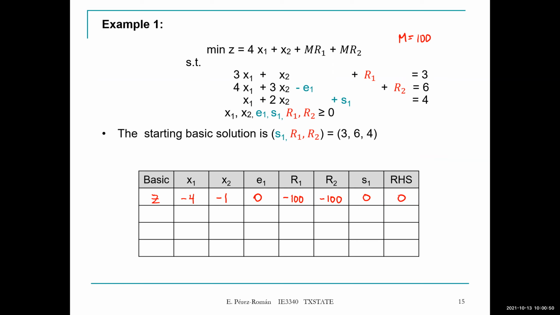And now our basic variables are going to be R1, R2, and S1. So for the first constraint, we have 3, 1, 0, 1, 0, 0, 3.